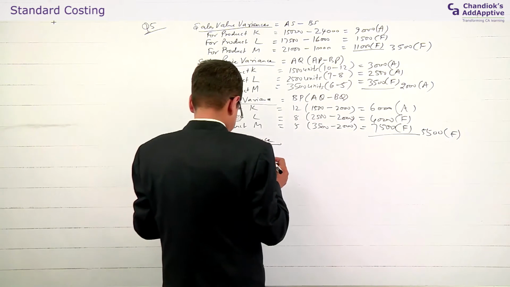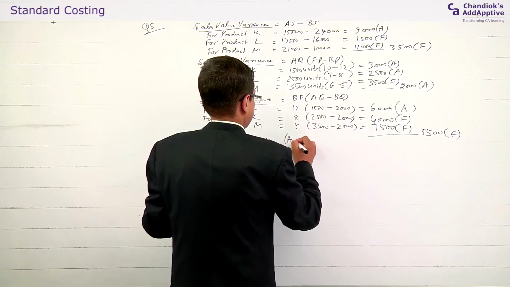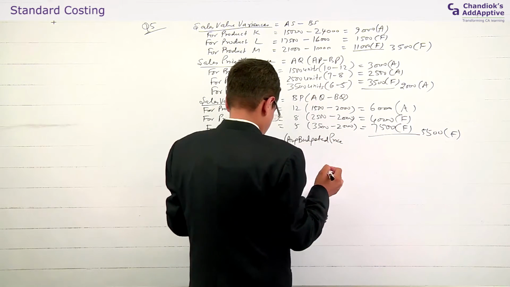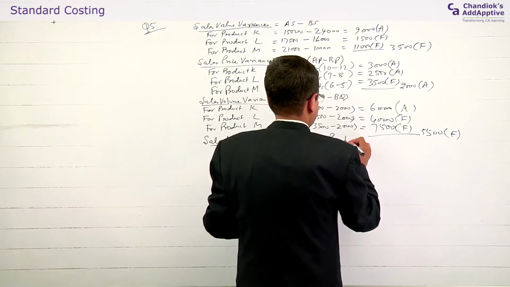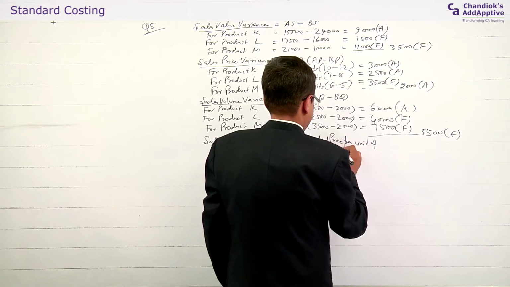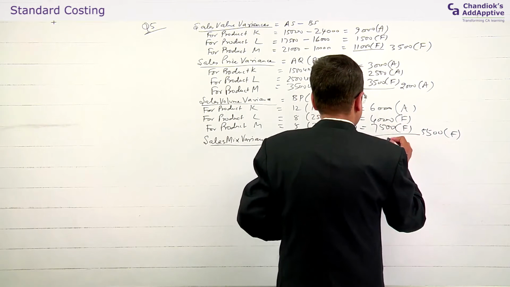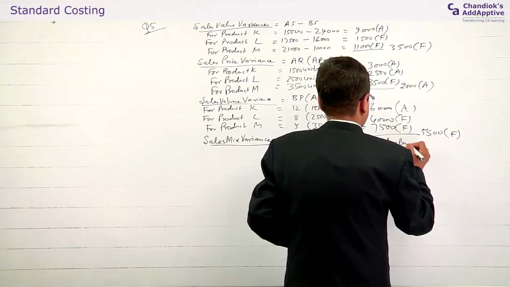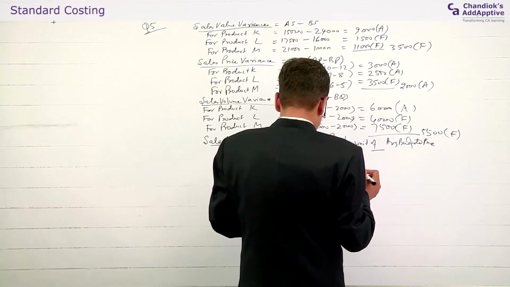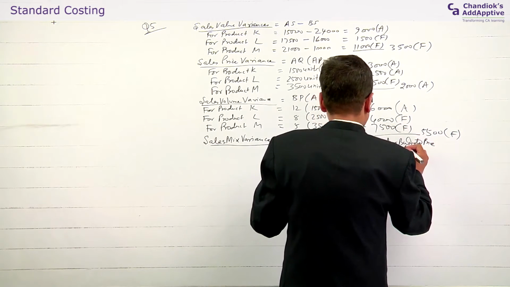This is again you have to take average budgeted price per unit of actual mix minus average budgeted price of actual mix.